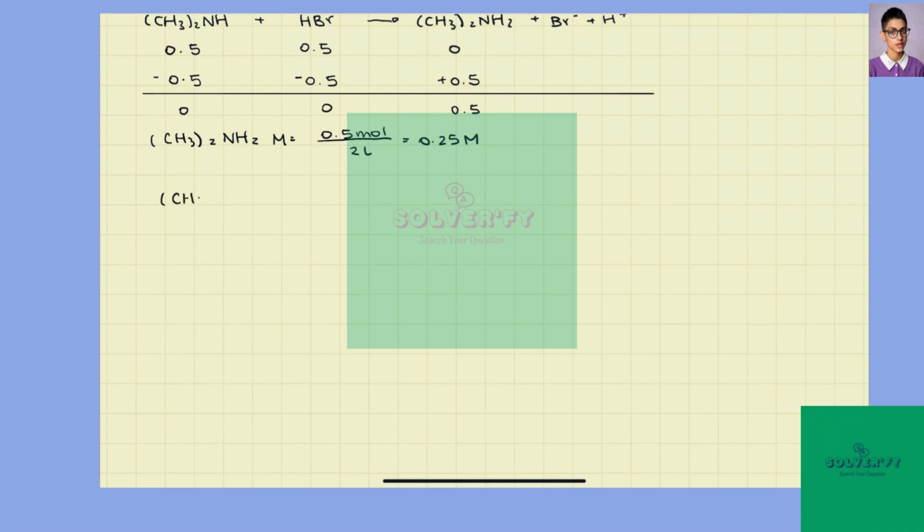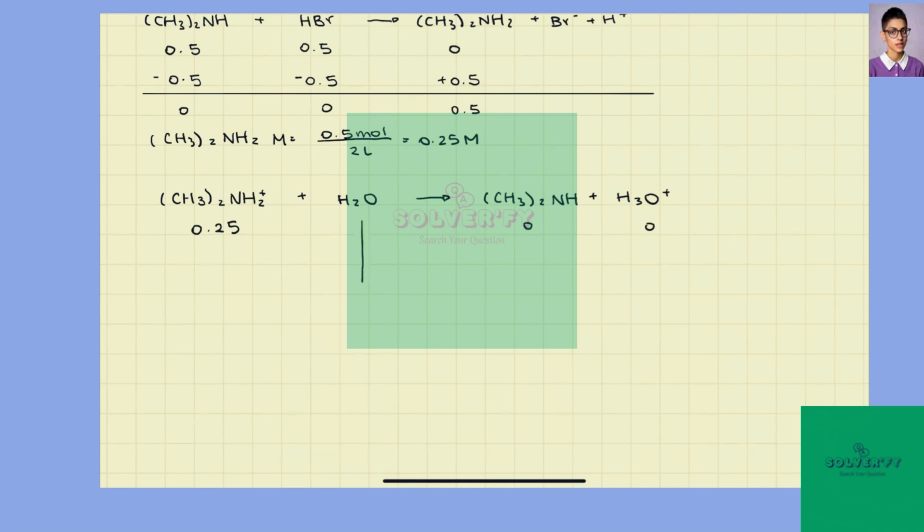Next, we will do another ice table for the strong acid. In this, we will solve for the concentration of H3O+ to solve for our pH value, which will help us indicate what our indicator is.